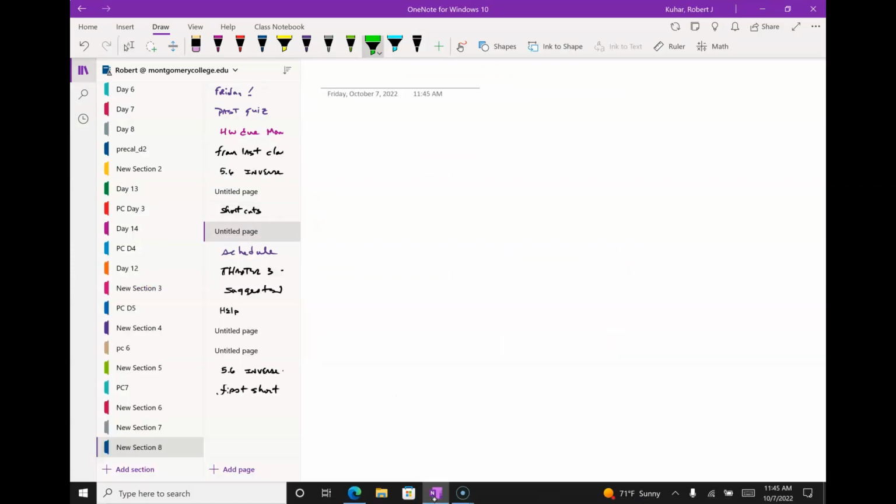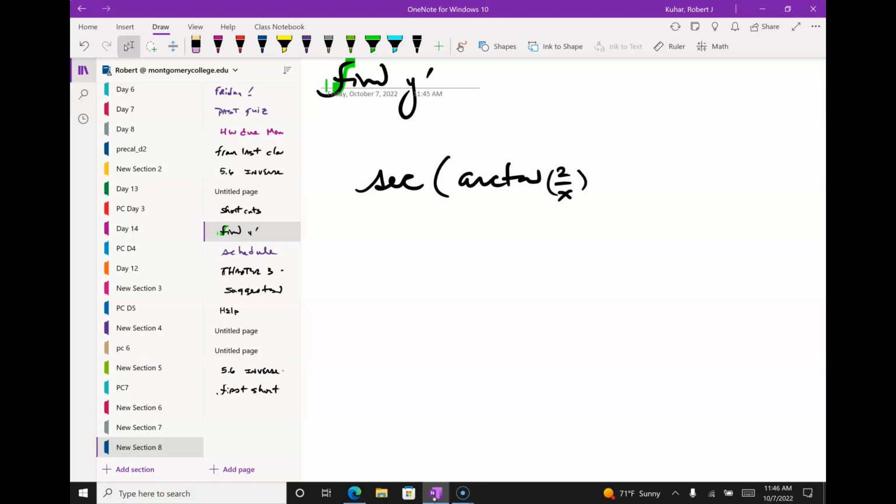Let's see. So find y prime. Let's do the secant of the arctan of 2 over x is equal to y.